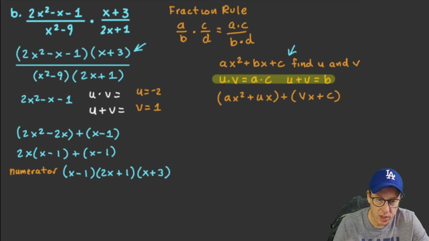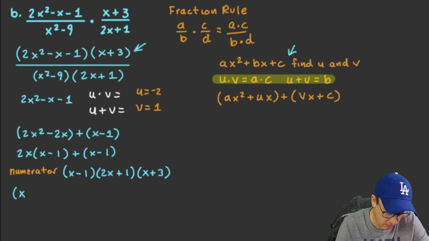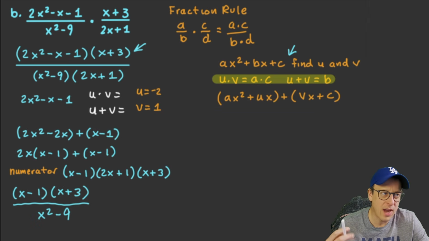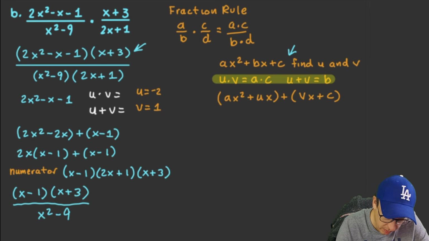All right, then we just want to cancel out the 2x plus 1, and this is going to end up giving us x minus 1, x plus 3 over x squared minus 9. And if we have x squared minus 9, this is going to further simplify down.